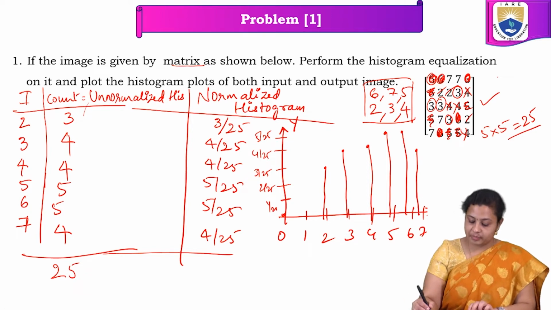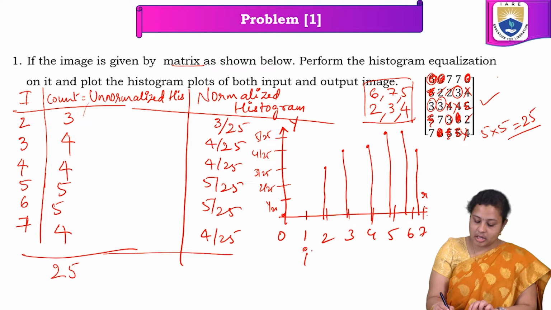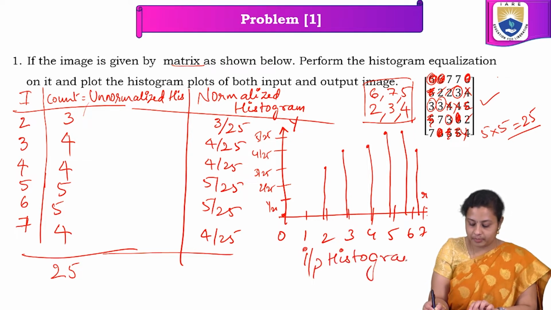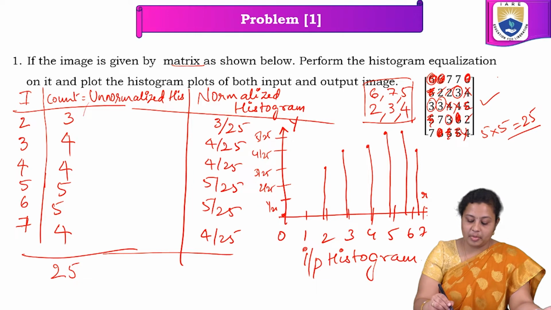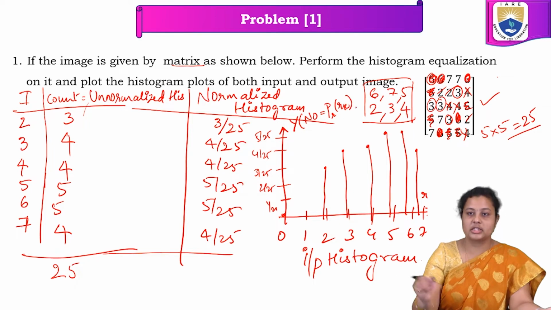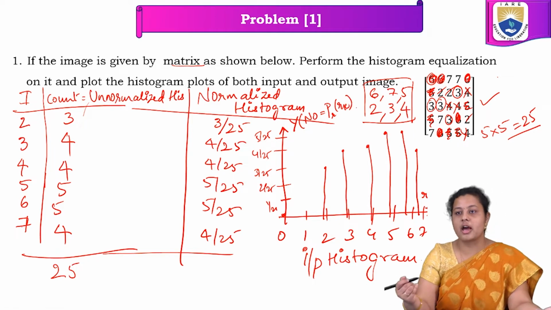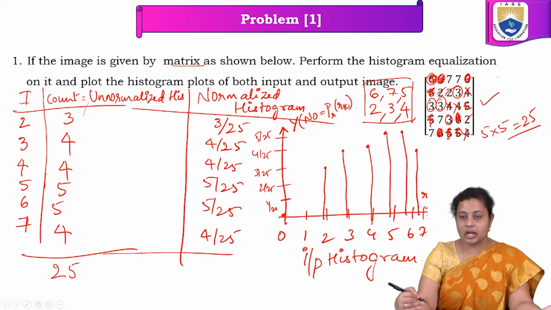This plot, with the normalized histogram or probability on the y-axis and intensity values on the x-axis, is my input histogram.